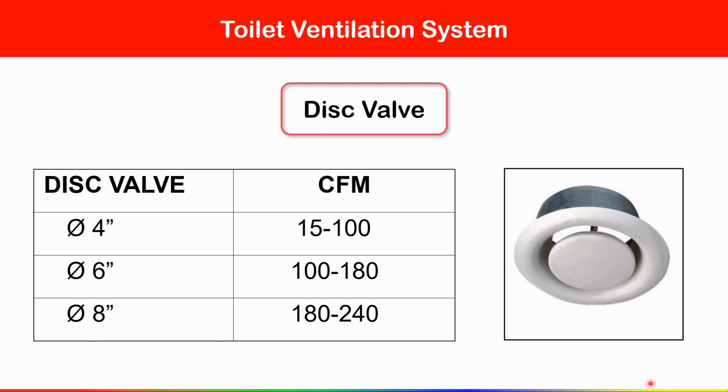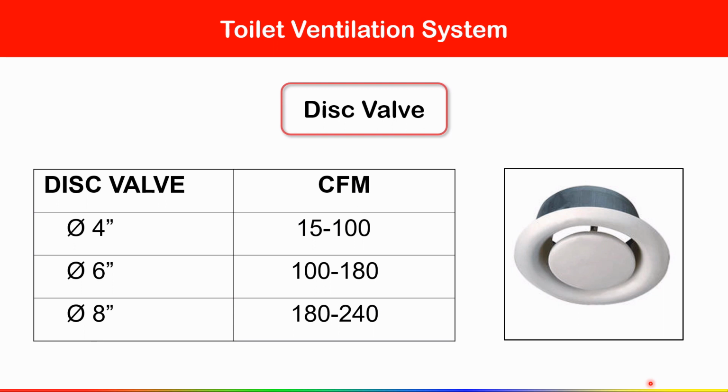It means suppose you have calculated the exhaust airflow rate, and it is coming around 1000 CFM. You have calculated how much amount of air we have to extract or exhaust from the toilet, and you get 1000 CFM. In that case, how many disc valves do we have to install?